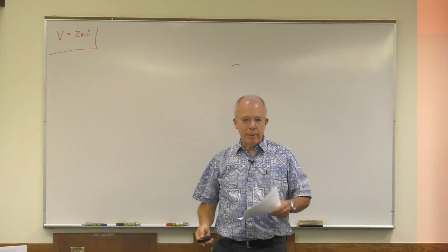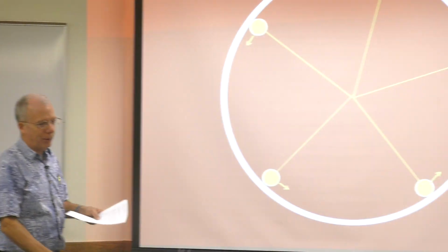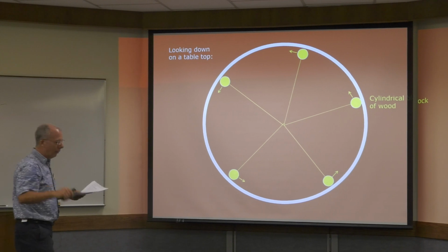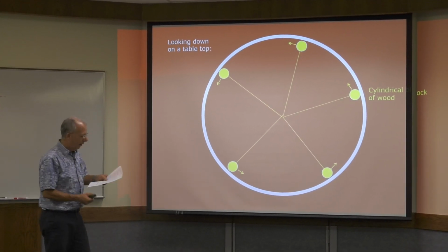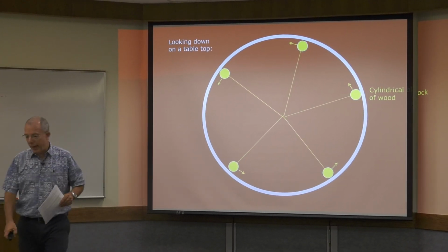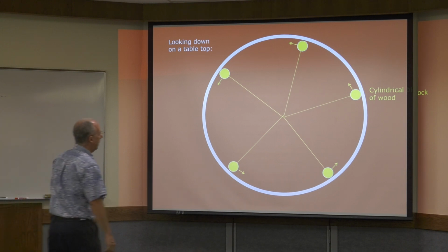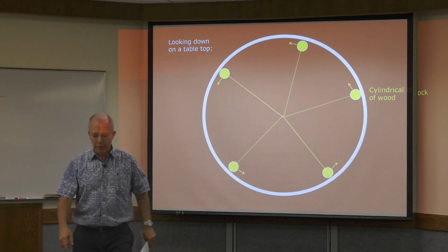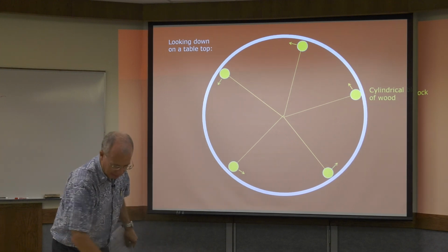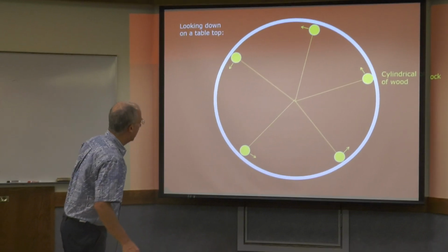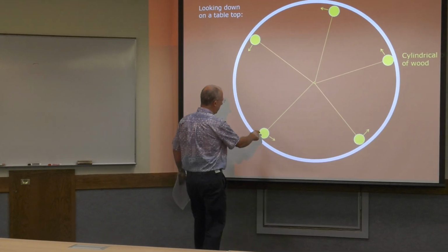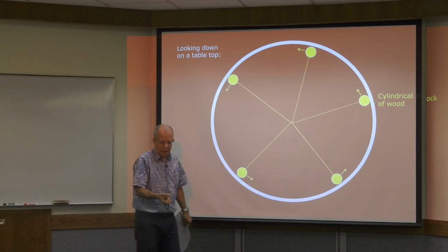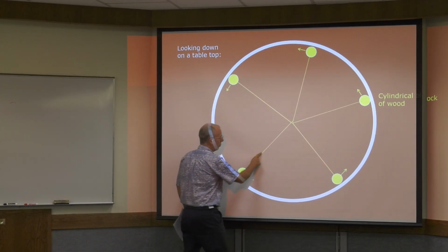Now I'm going to do some demonstrations. Not really, I'm just going to pretend I'm doing demonstrations. If we were in McKay 134, I would do this, but we're not, so use your imagination. This is a metal hoop on the countertop, and a little cylindrical piece of wood, and this is a piece of string.